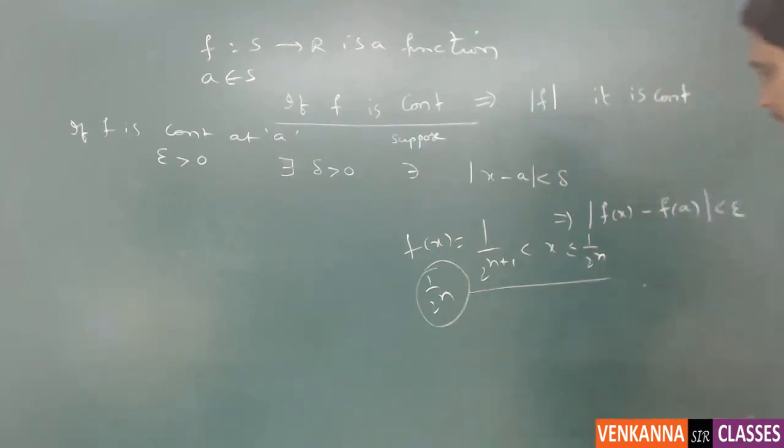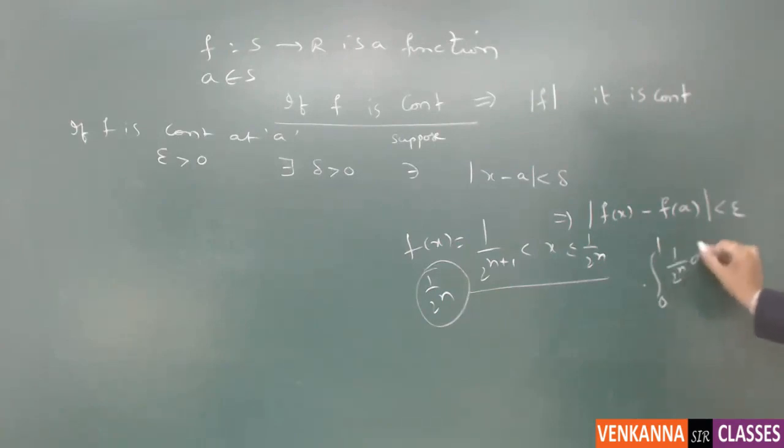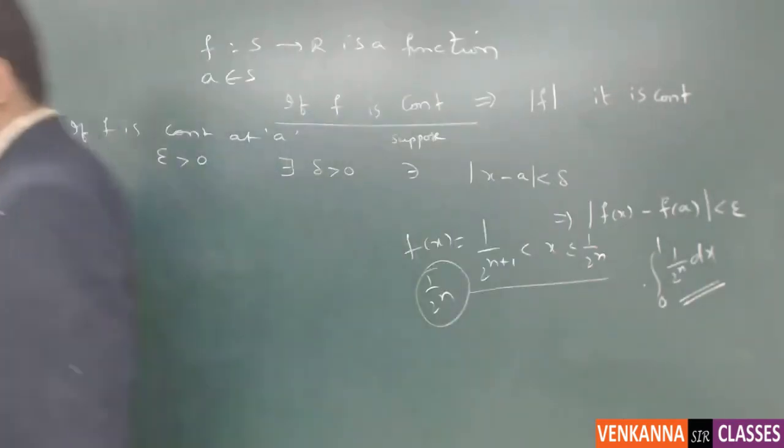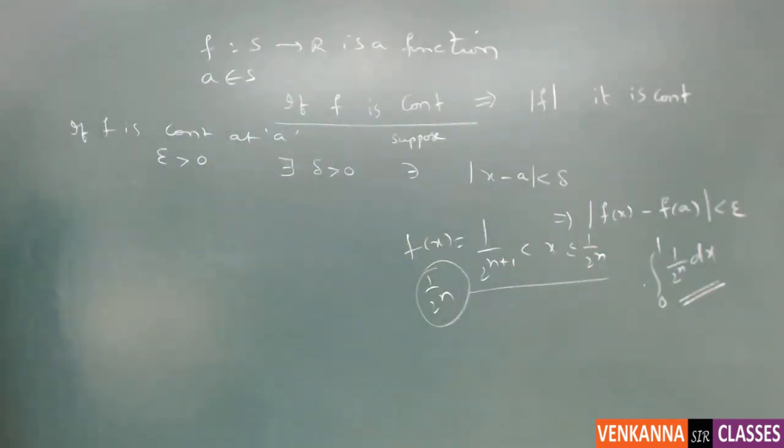Now my question is, if I say integral 0 to 1 of 1 by 2 power n dx, can you calculate it or not? Is it possible to calculate or not? All of you, please tell.